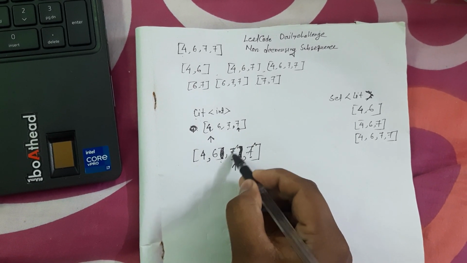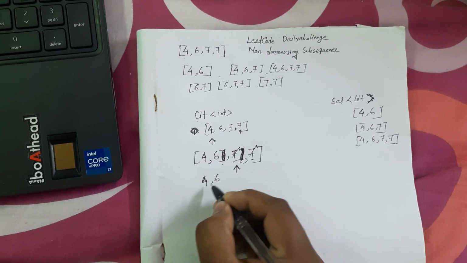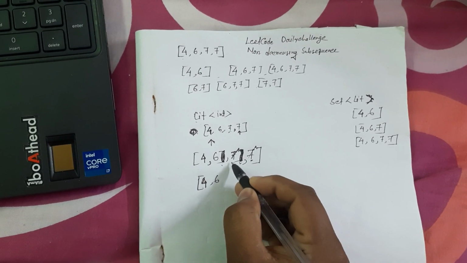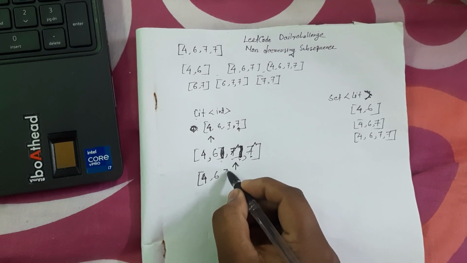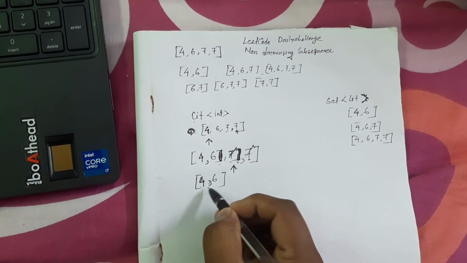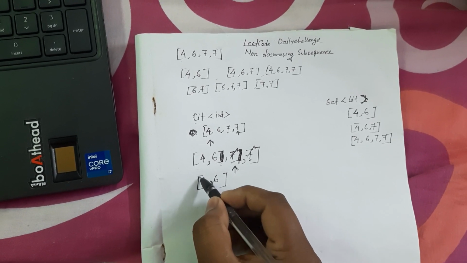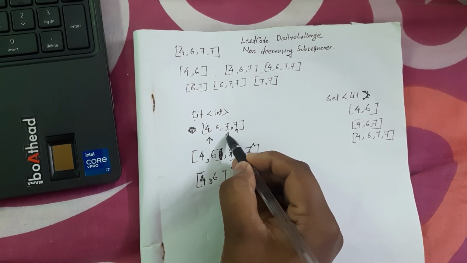After backtracking, the list becomes 4 and 6, and we are at that position.